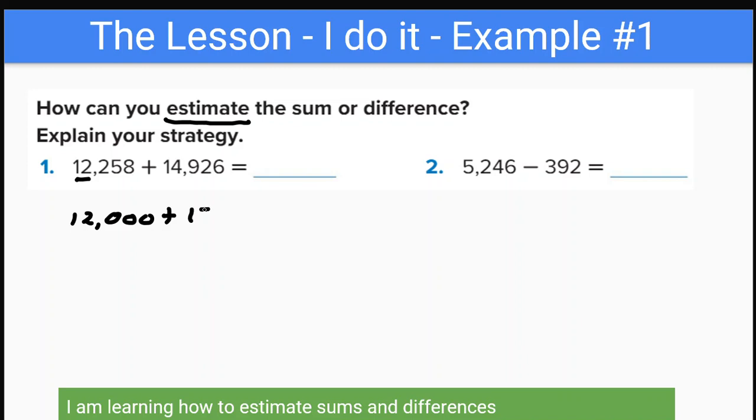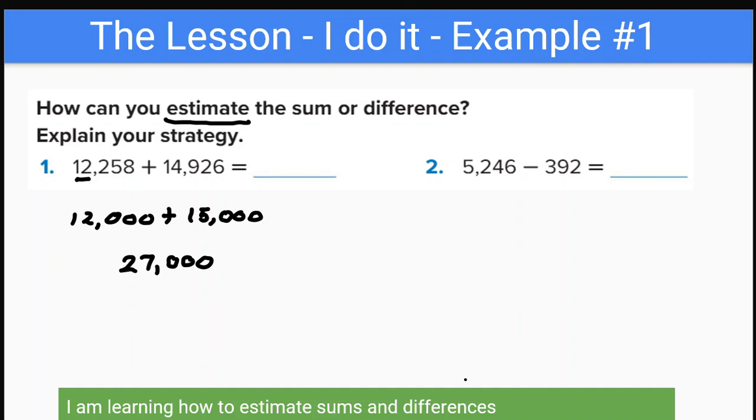So I'm kind of doing both. I'm kind of like rounding and using front-end estimation. So 15,000. Okay, if we were to add these together, 12 and 15, that's 27. So my guess is 27,000. Okay, that's my estimation right there.